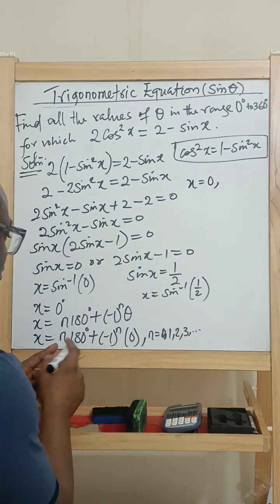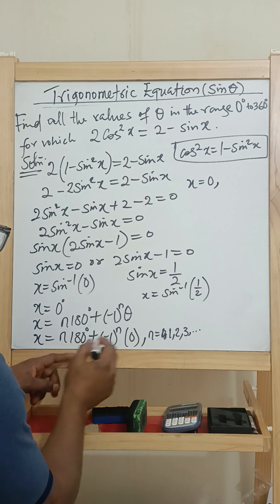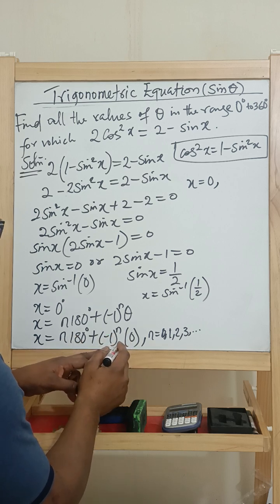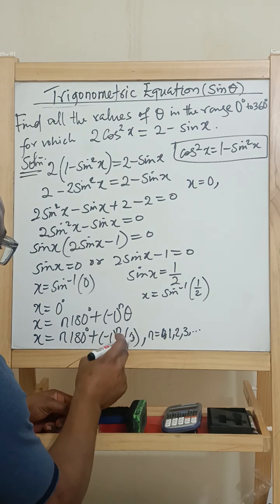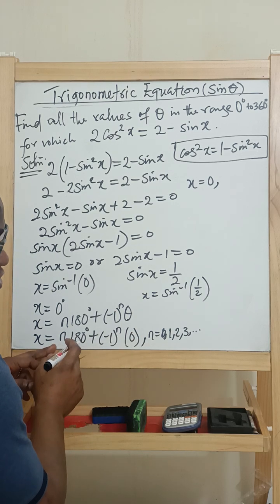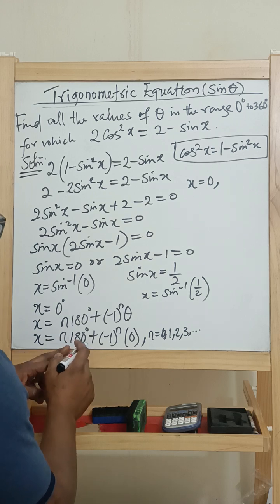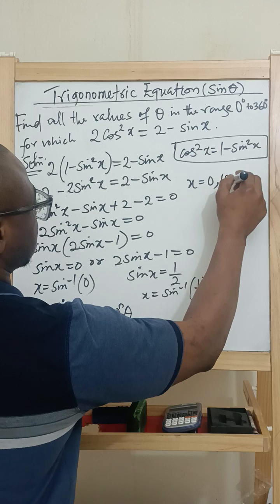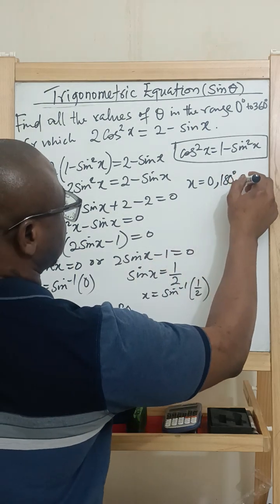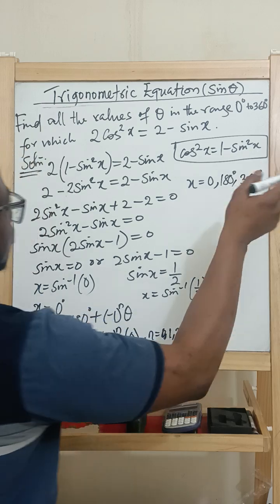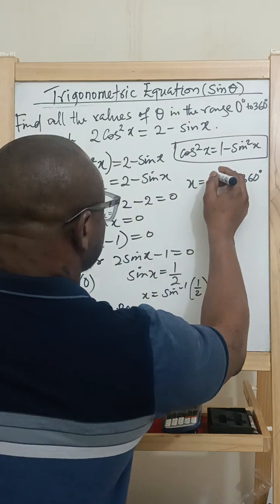When n is 1, this is 180, and everything in the second term will always be 0, so we only concentrate on n 180. When n is 1, this is 180. When n is 2, it's going to be 360. We don't go past 360. So those are the values.